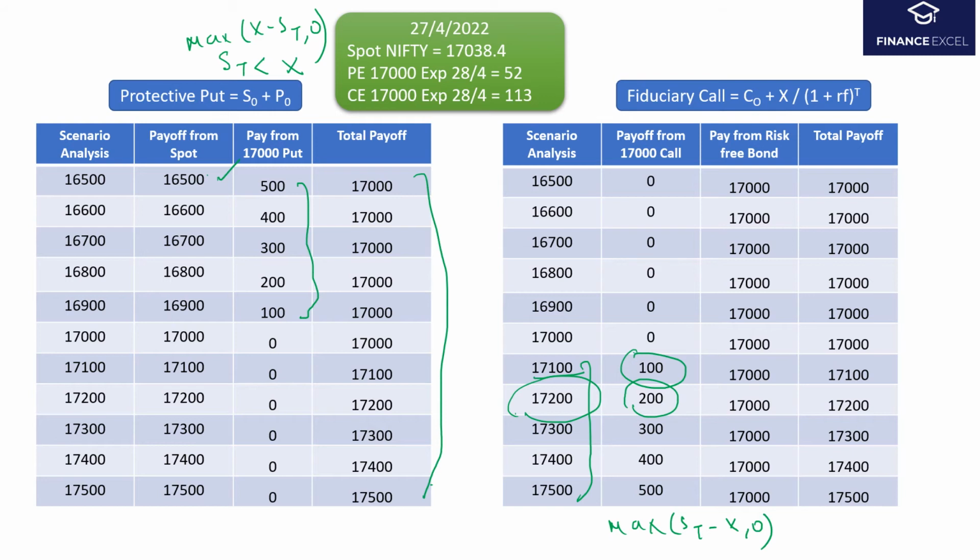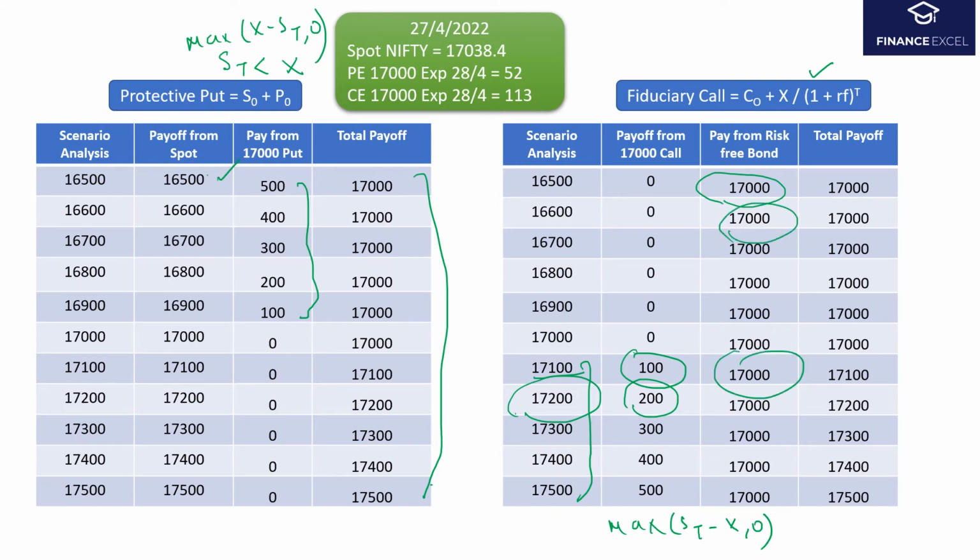And guys, we had invested the PV of the exercise price in a risk-free security. And at expiry, that risk-free security would give me the payoff which is equal to the exercise price.